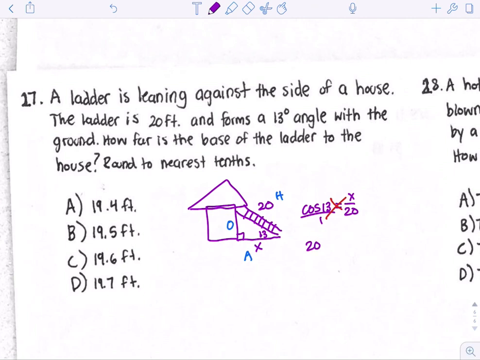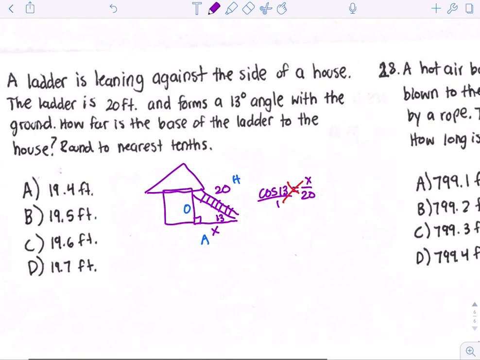X times 1 is just x, which is equal to 20 cosine of 13. 20 cosine of 13 is 19.5 around feet, which is B.